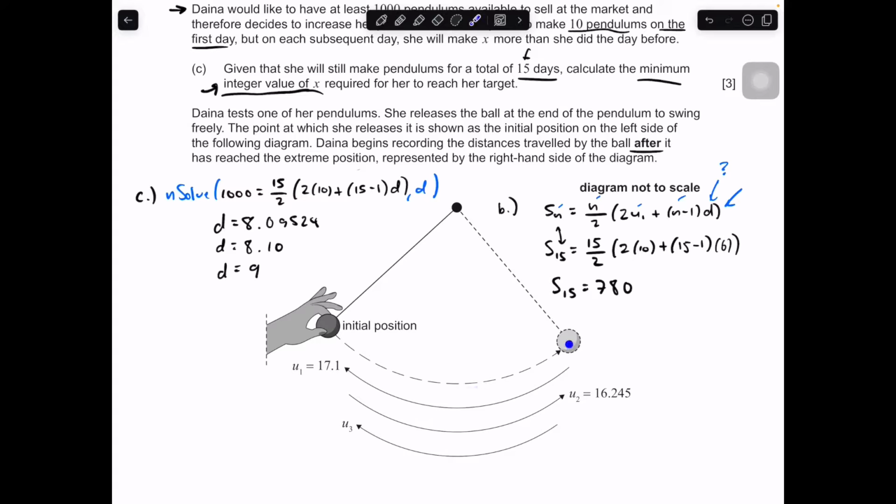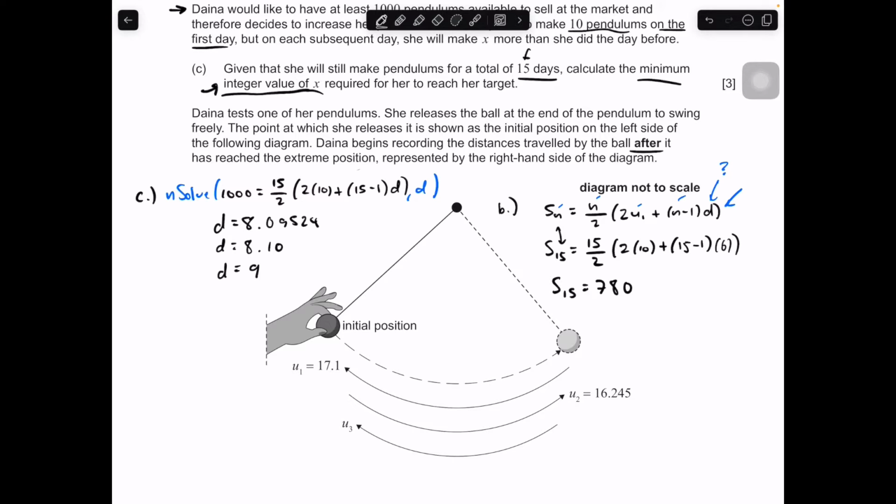So she lets it go, and only when it's on its way back does she start recording the distance that it travels. This is represented by the right-hand side of the diagram. She measures this distance, then it comes back and goes this distance, 16.245, and so on.